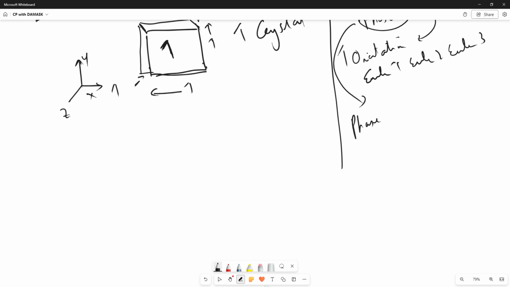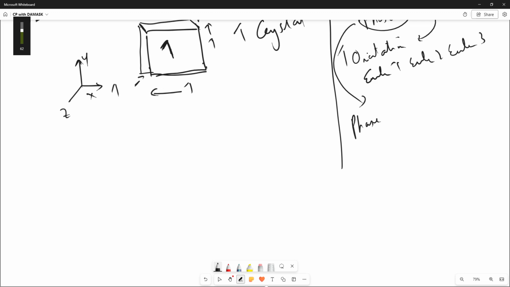So all the attributes related to that crystal is something that we define in this phase information. These are the names or attributes that people from MPIE used when they were building Damask, and therefore we are just using the same. And the terms get much clearer later.